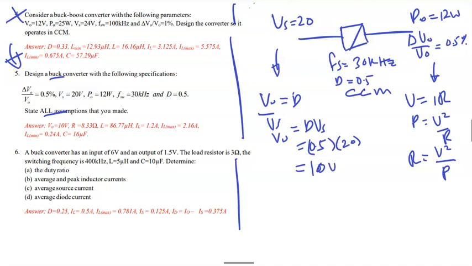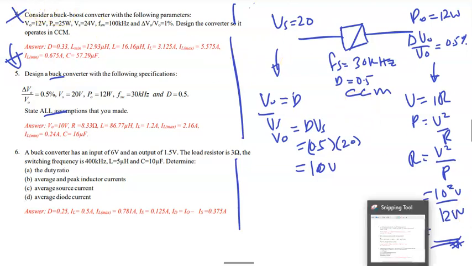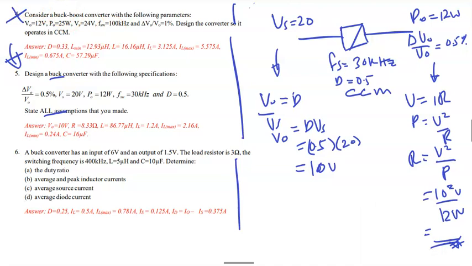So this V out is 10 volt. So R is equal to 10 square over P, which is 12 watt, so 10 volt squared divided by 12 watt. So how much is our R now? Which is 8.33 ohm. So this is our R.